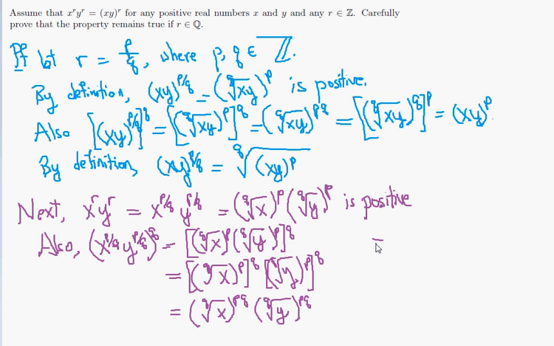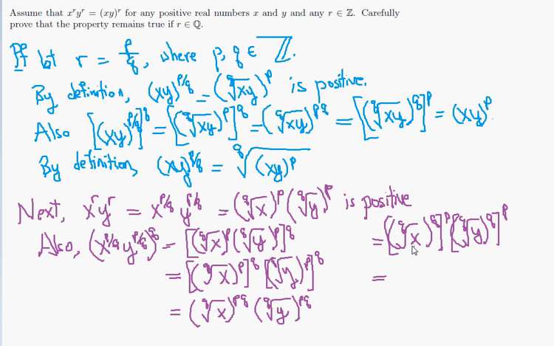Continuing the calculation to the right, that's equal to the qth root of x to the q to the p, because once again, q and p are both integers, and so q times p is p times q. Same thing for the other one, the qth root of y to the qth power to the p.